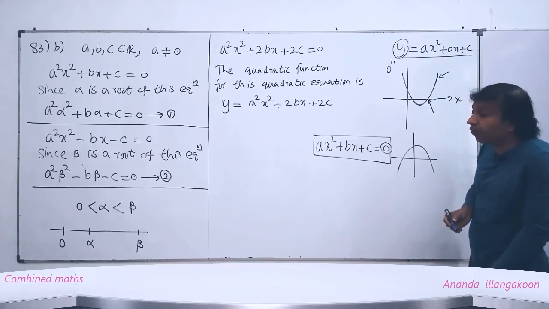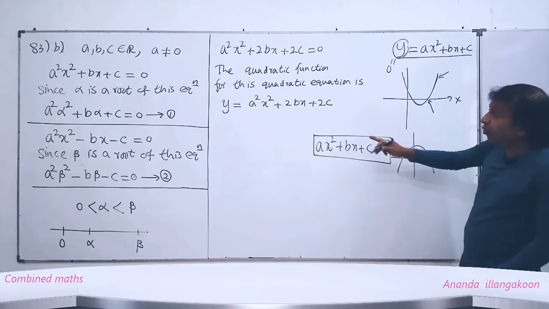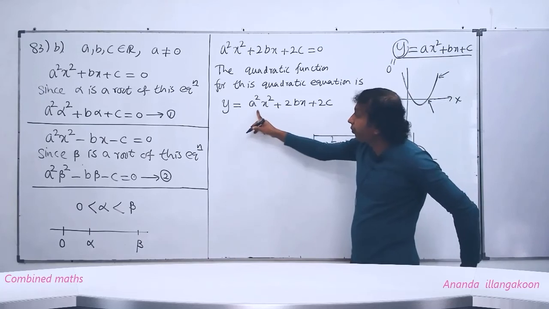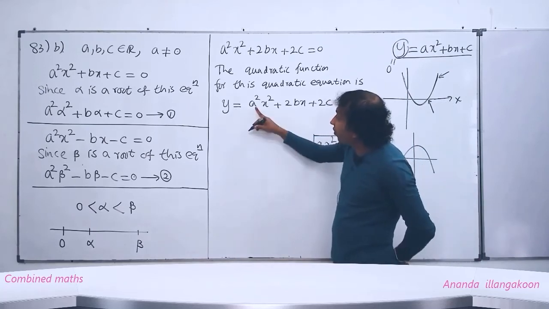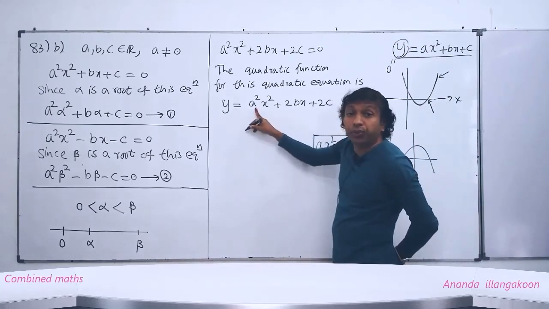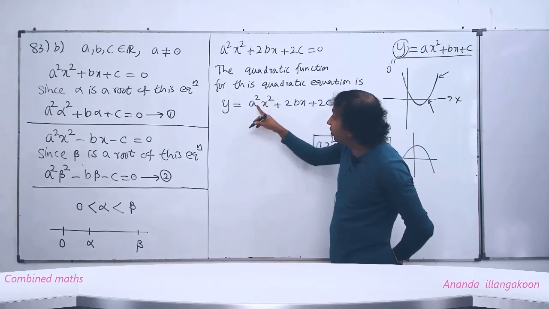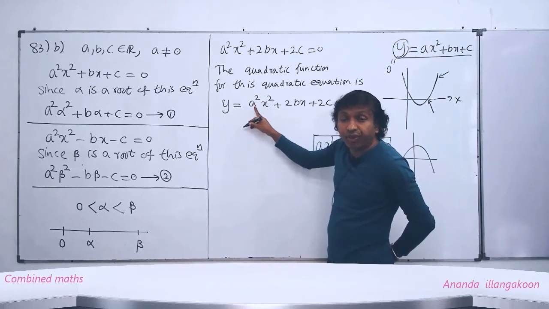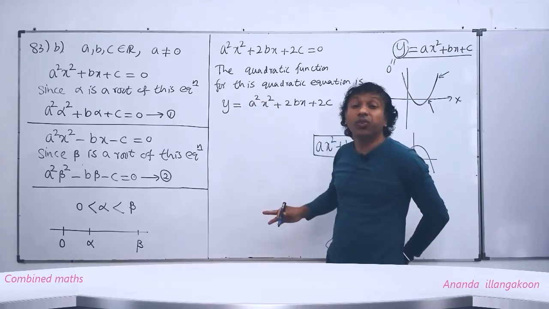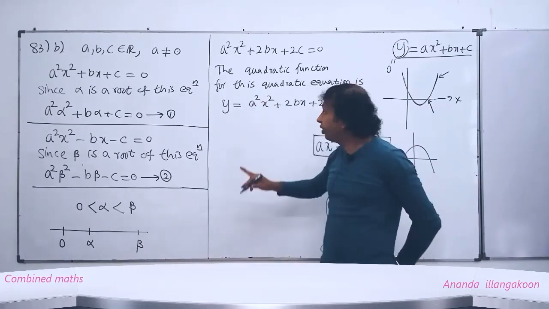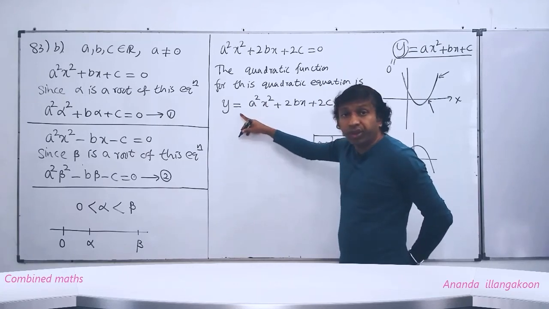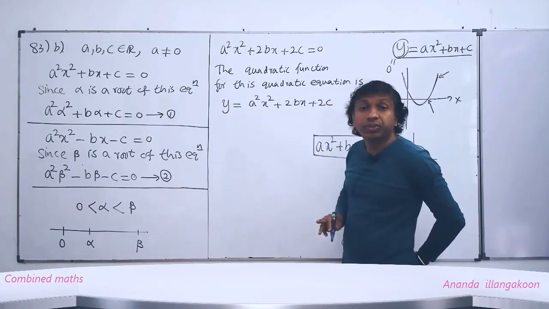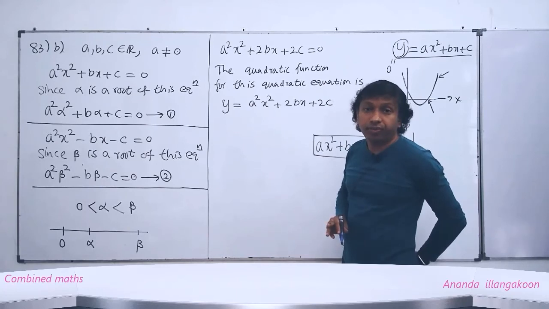Okay, so therefore, if I can show this graph, people, this graph is minimum graph. How do you know? People, x squared coefficient is a squared. Whatever the sign of a, that can be plus or minus, but after squaring that a squared, people, always positive. Then this x squared coefficient is positive. Then the corresponding graph is, people, minimum graph.